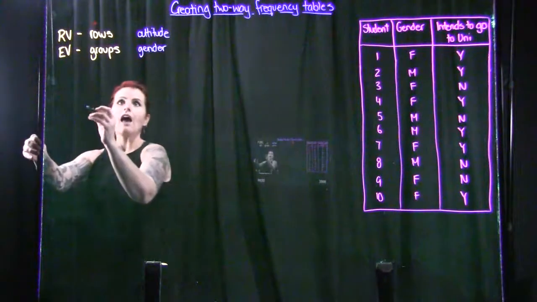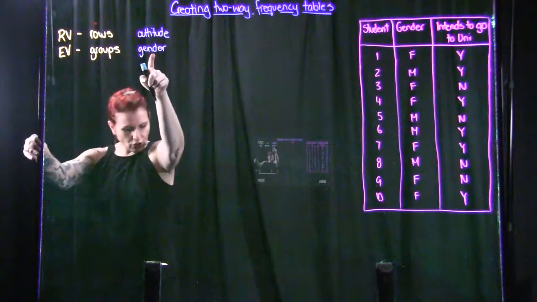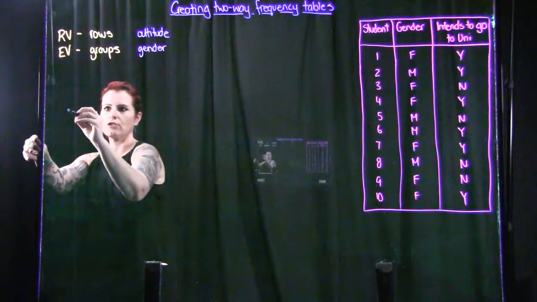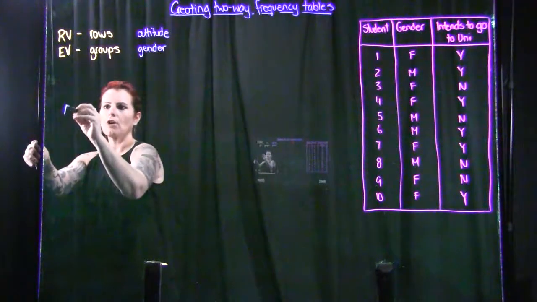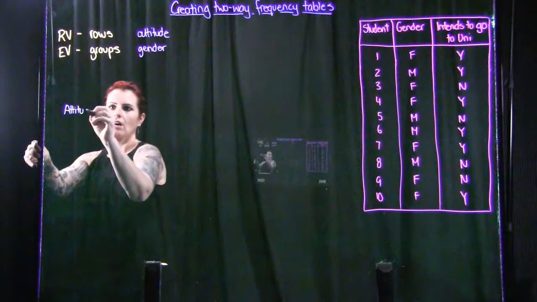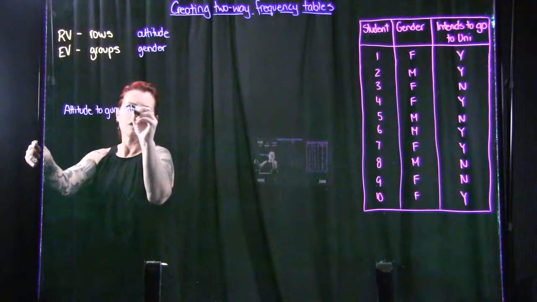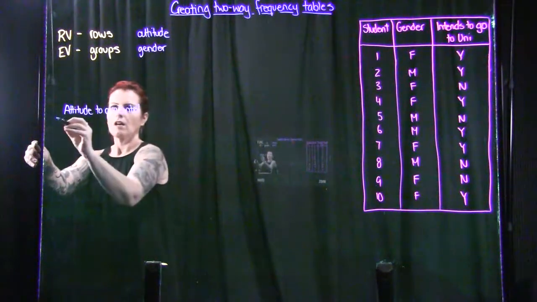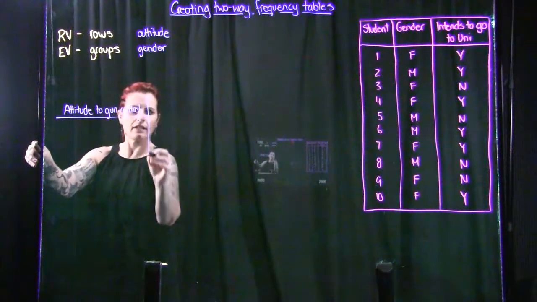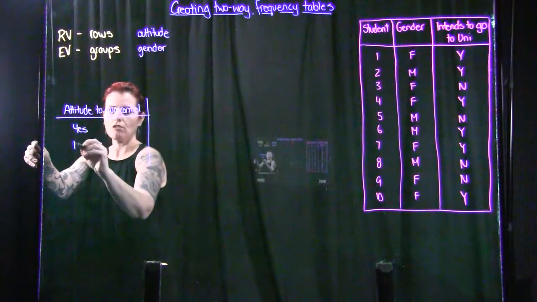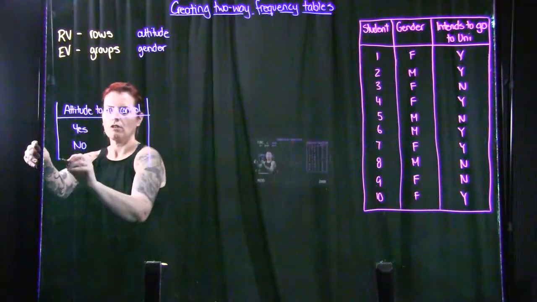Gender is going to be the top of our groups, attitude is going to be the top of our rows. So just over here, I'm going to write attitude to gun control. And then we're going to have an attitude that is either yes to gun control or no to gun control.